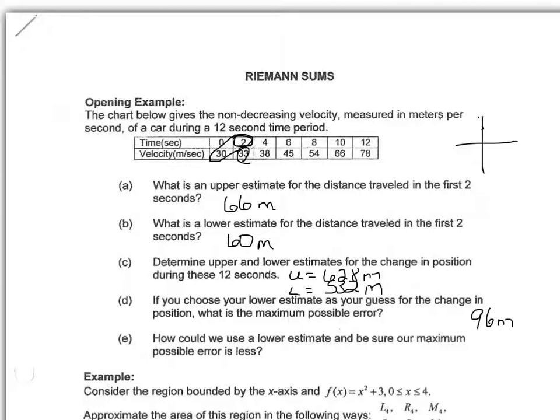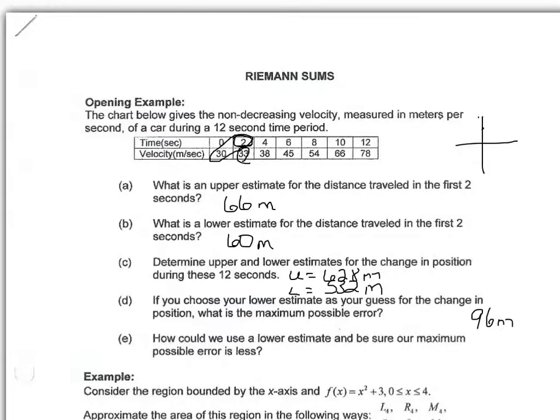You could do 1 second intervals, or you could do half-second intervals, because then you're getting a little bit more accurate. And we know that you're not just going to jump from 30 meters per second to 33. You can't be here and then suddenly jump here. You've got to go through every value in between. So if you pick up more of those in-between values, you're going to be a little bit more accurate.